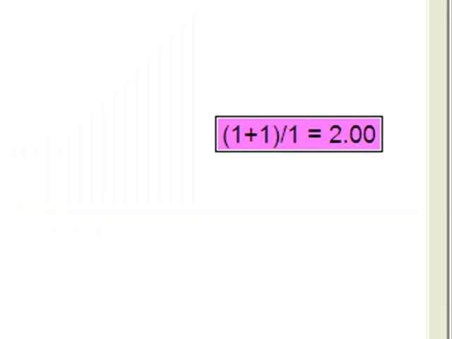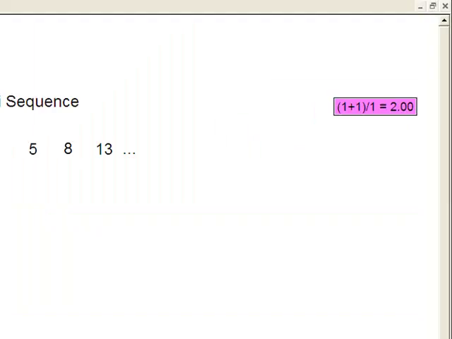If we create a 1 by 1 square, and then we put another square on that, which is also 1 by 1, and then we look at the ratio between the long side and the short side, we get 1 plus 1 over 1, or 2.